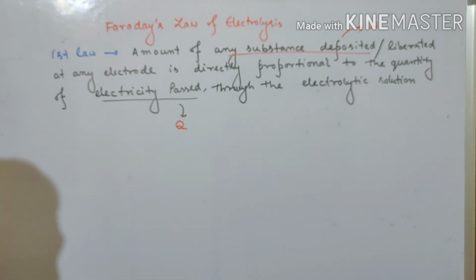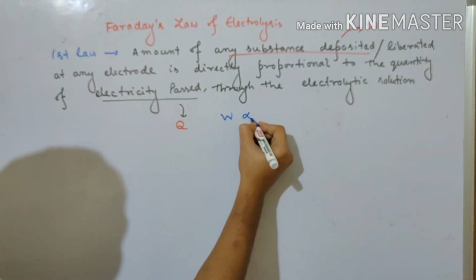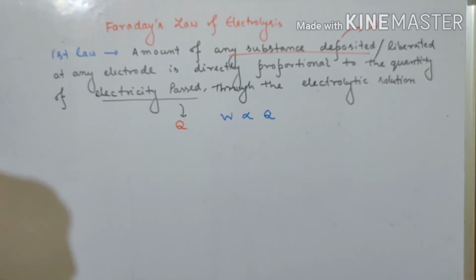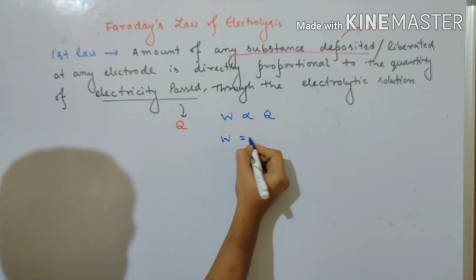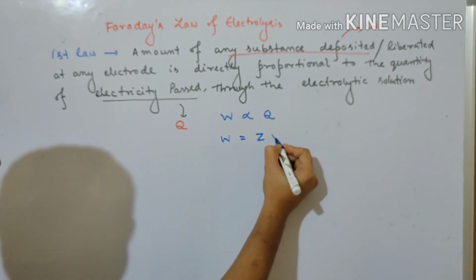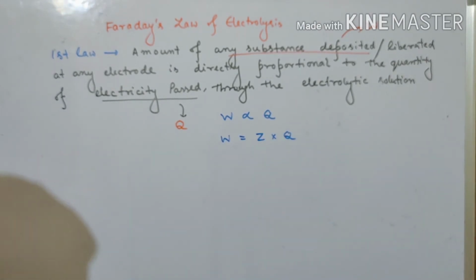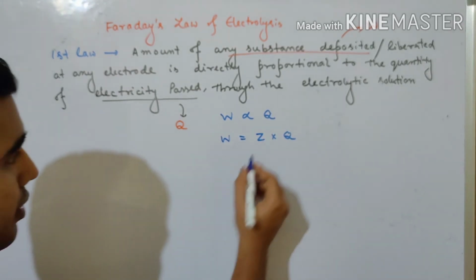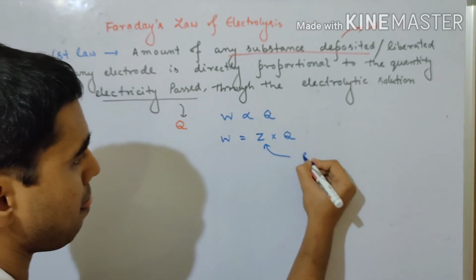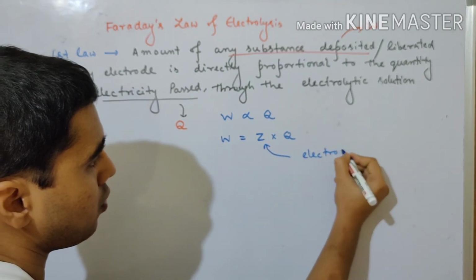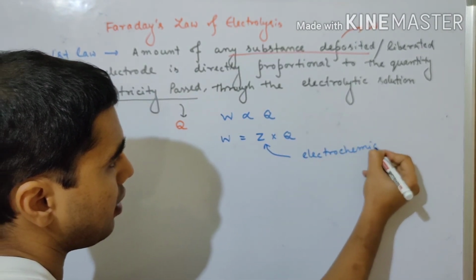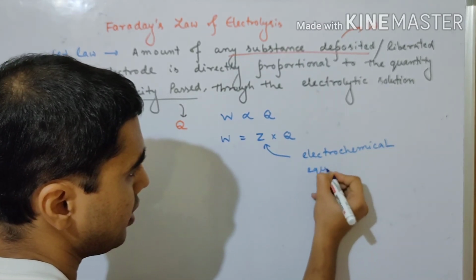So we should be able to write W proportional to Q. And to remove this proportionality, we can write W is equal to Z into Q. Now what is that Z? It is a constant, and it is known as electrochemical equivalent.